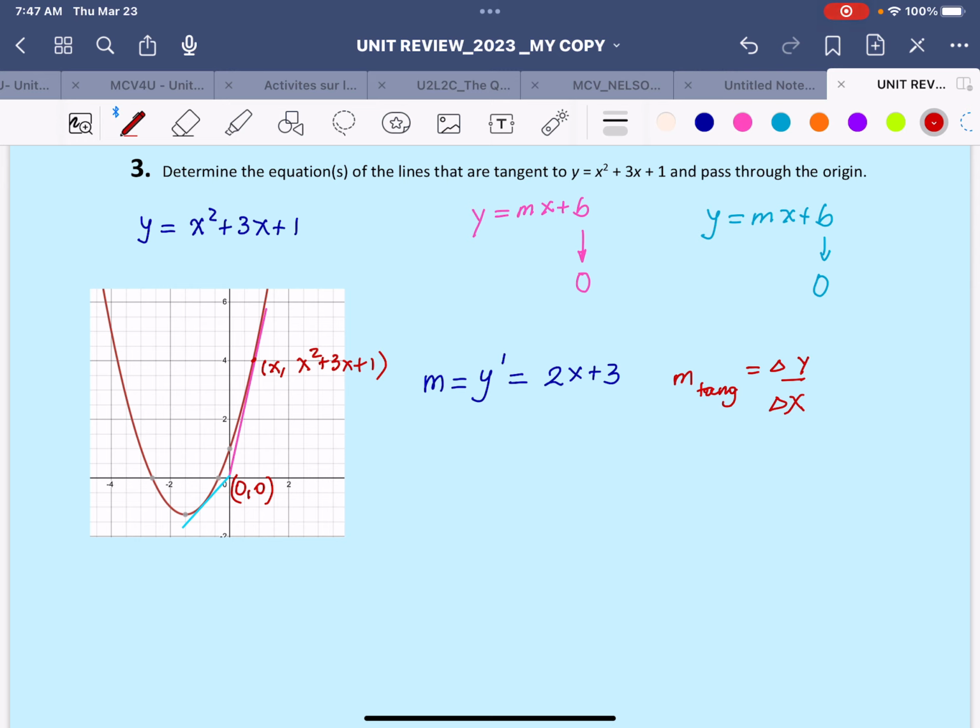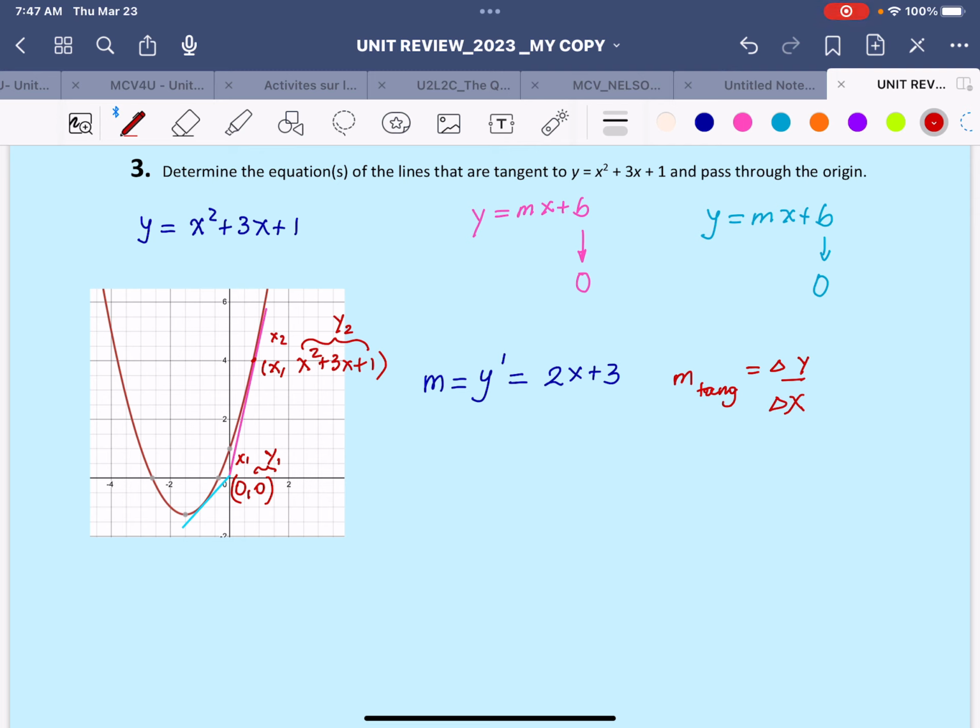Now, delta y, remember, is going to be the y at the point of tangency, and this is the y at the origin. I'm going to call this y1 and this one y2, and similarly we'll call this one x1 and this one x2.